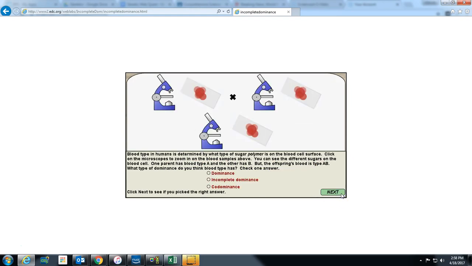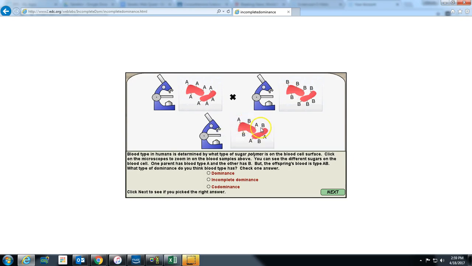Okay, blood type in humans is determined by what type of sugar polymer is on the blood cell surface. If I click up on the microscope, look, this blood type shows A. That means that all the alleles for that blood type have A. That's one parent has A. If I look at the next parent, they have the alleles capital B. What do you think their offspring is going to have?